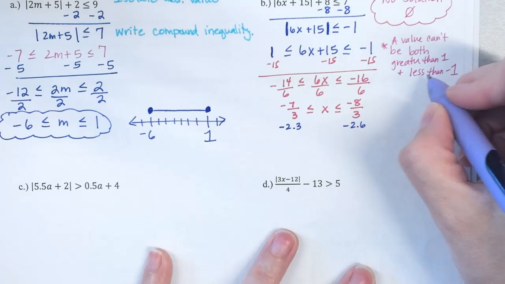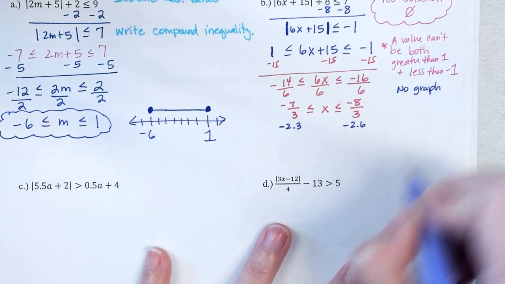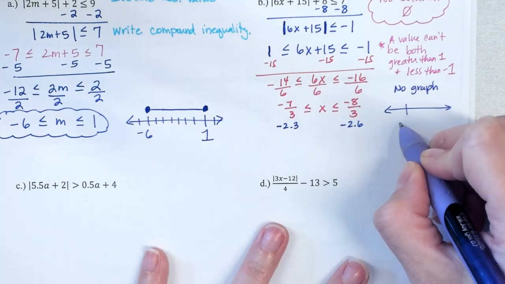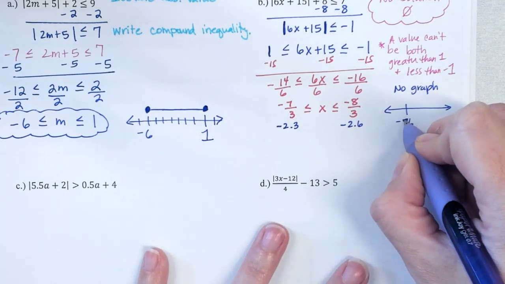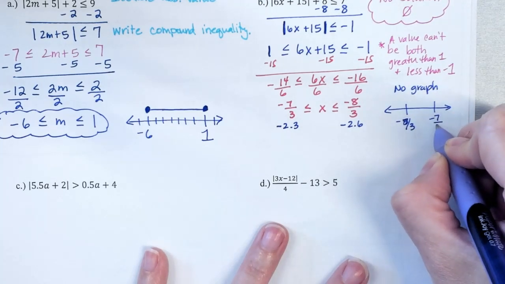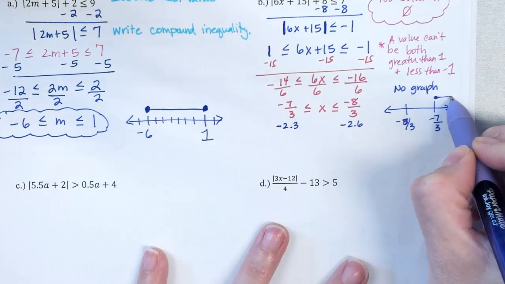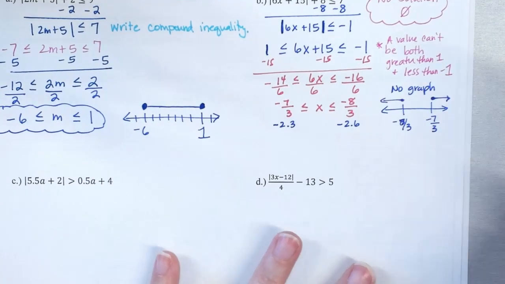You don't have to graph in this case, because what happens with the graph is you end up getting a graph. Well, really, this would have to be negative 8/3, and this would be negative 7/3. You end up with a graph that has this gap in it, and this can't happen in an and situation.